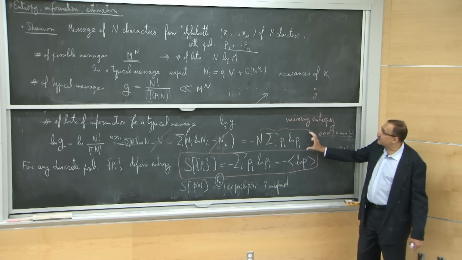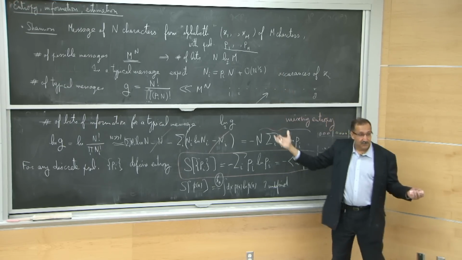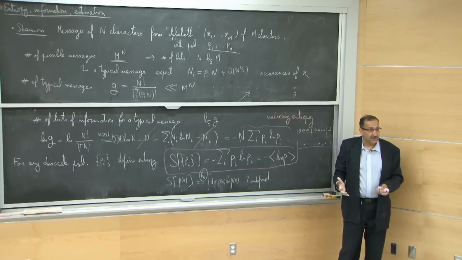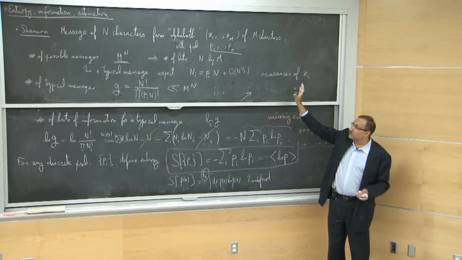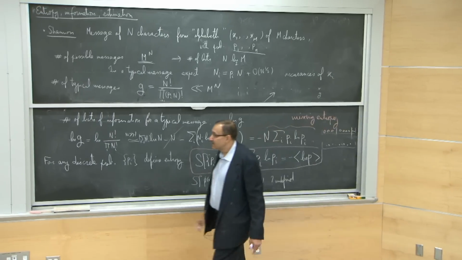So clearly, having knowledge of the probabilities gives you some ability, some amount of information, so that you have to send fewer bits. Okay?